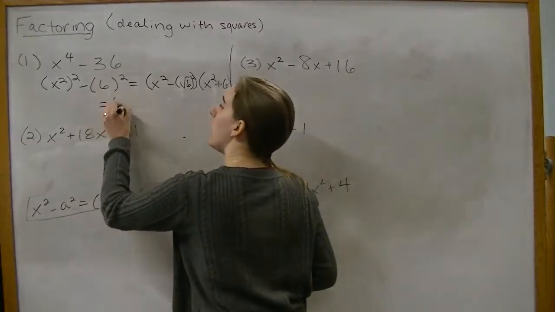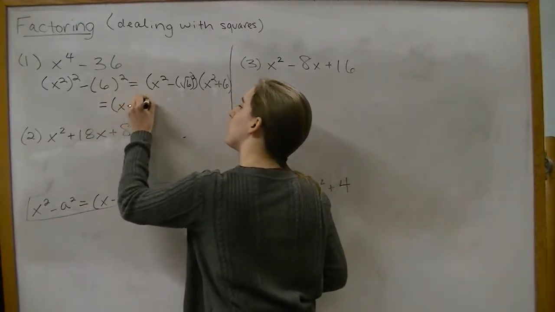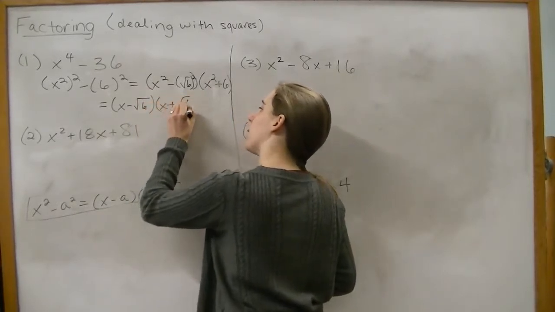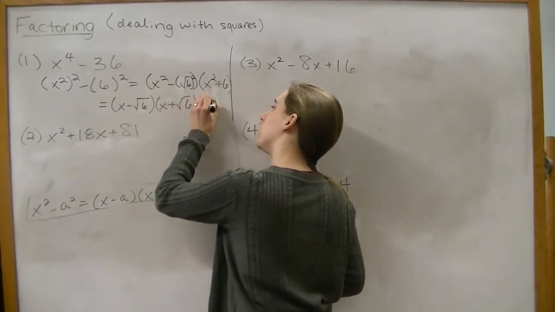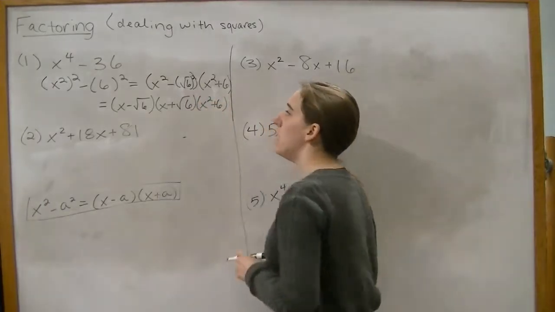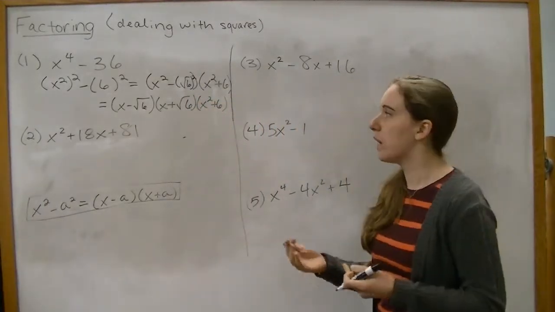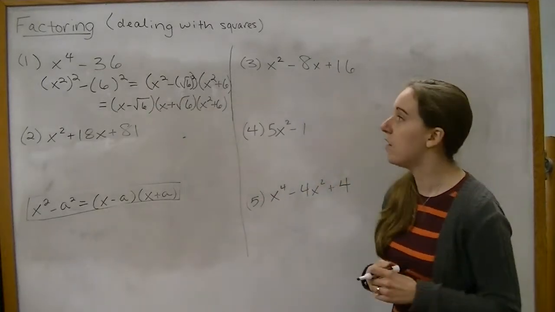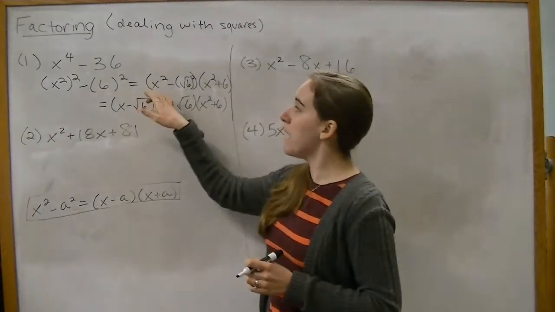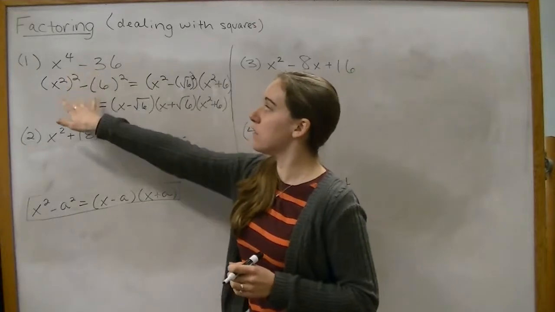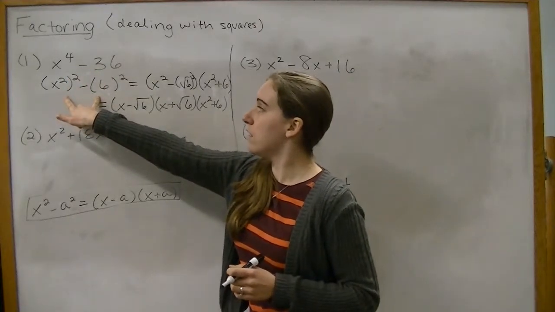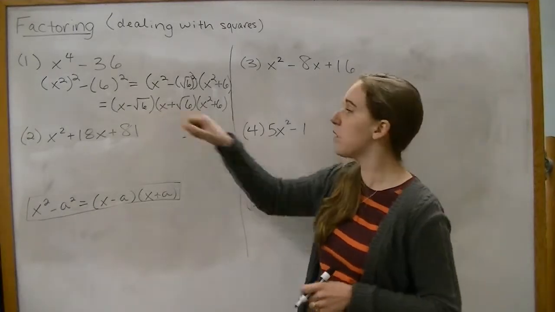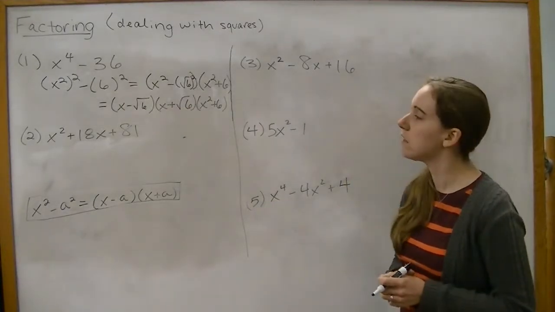So we can take the difference of two squares again to factor this further. And now we can call it quits. We have three factors here now. We've been able to factor this expression once by using the difference of two squares, and then again by using the difference of two squares. So that's how we were able to get three factors.